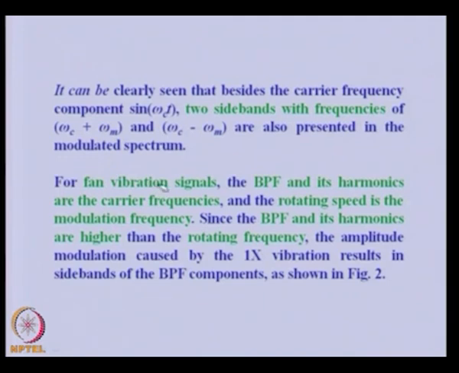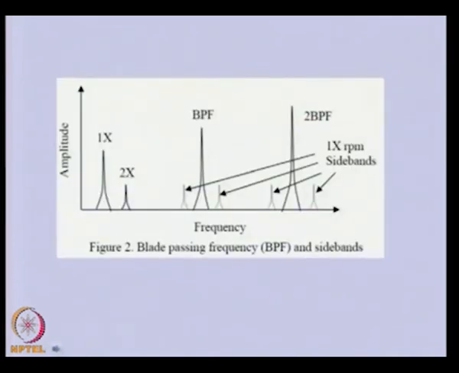For a fan vibration signal, the BPF and its harmonics are the carrier frequency, and the rotating speed is the modulation frequency. Since the BPF and its harmonics are higher than the rotating frequency, the amplitude modulation caused by 1x vibration results in sidebands of the BPF component, as shown in the next figure.